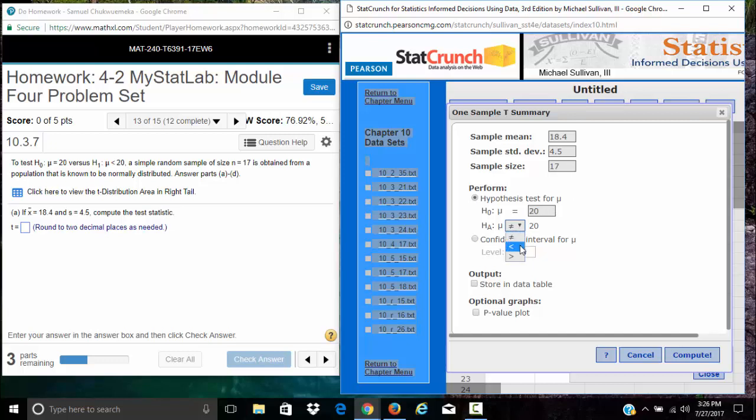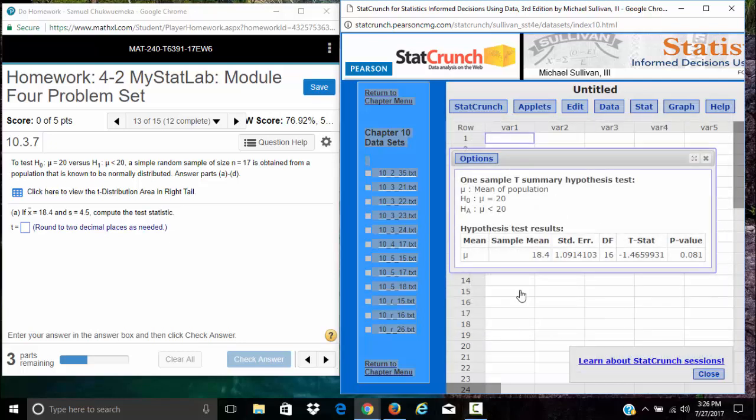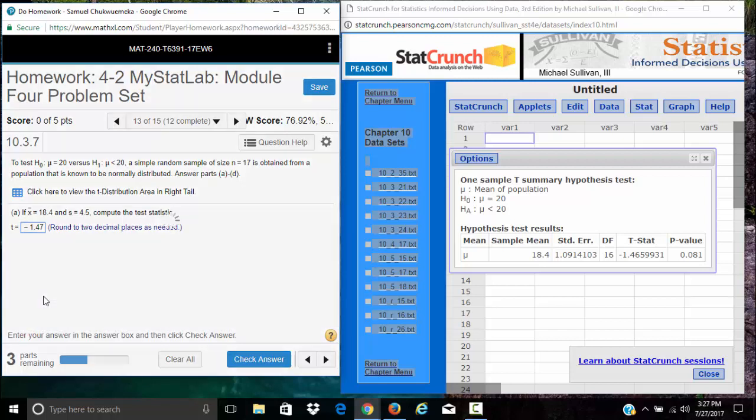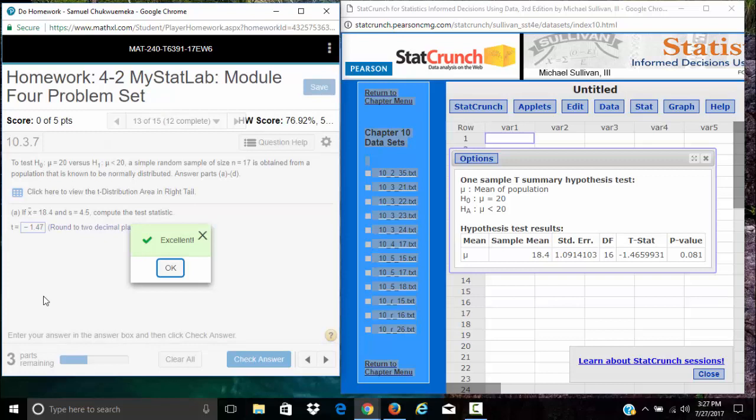So click here and select less than. Make sure you select less than, and then click compute. So the t-stat is negative 1.47, rounded to 2 decimal places. So negative 1.47 is the test statistic.